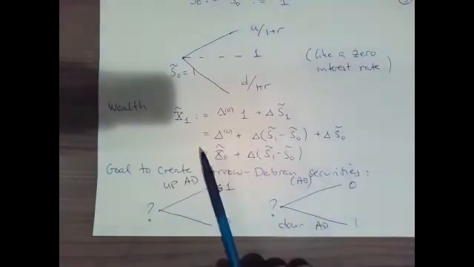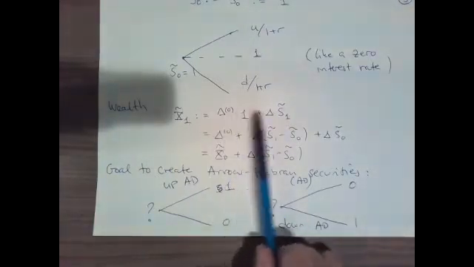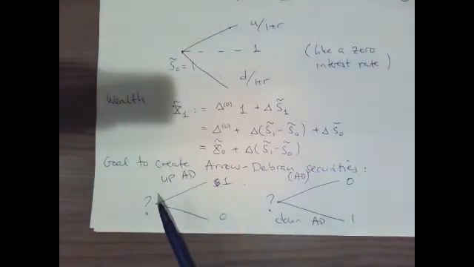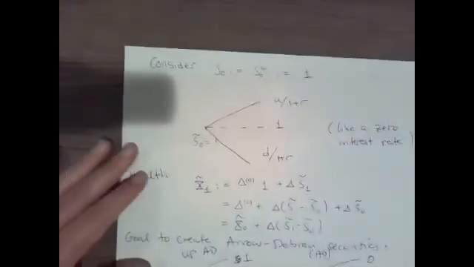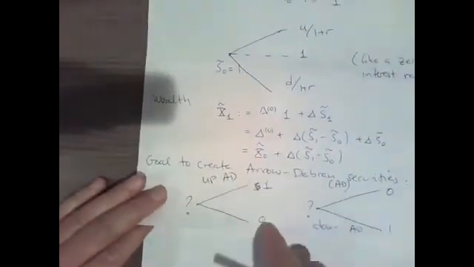The goal is to create these two deltas such that the wealth process at the end is 1 and 0. Create another pair such that the wealth at the end is 0 and 1. And we did that last time. So we do the same thing. Instead of a call option, we just have 1 and 0, 0 and 1.